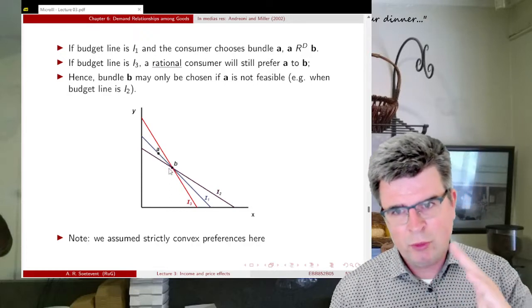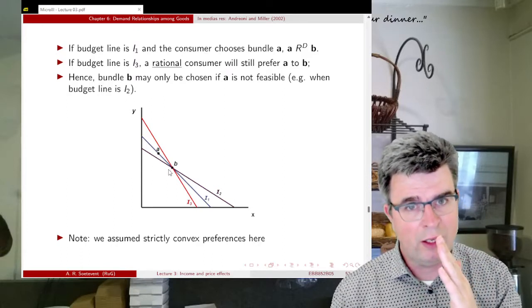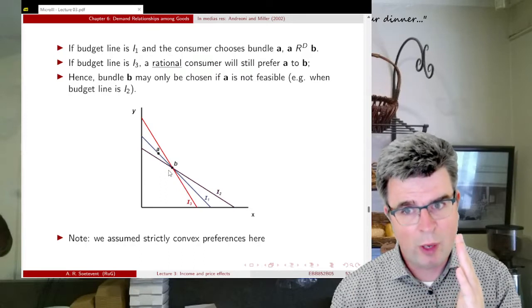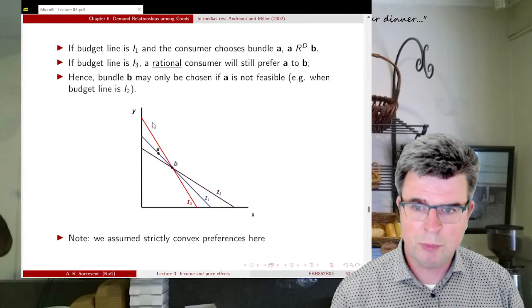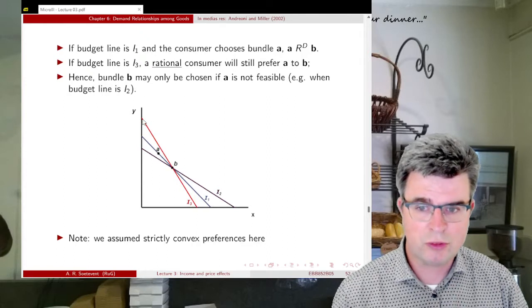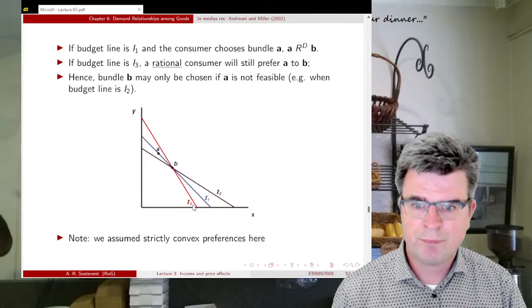And now what we can do is change the relative prices of good X and Y. So now we confront the consumer with a different budget constraint, I3. This is the red line over here.